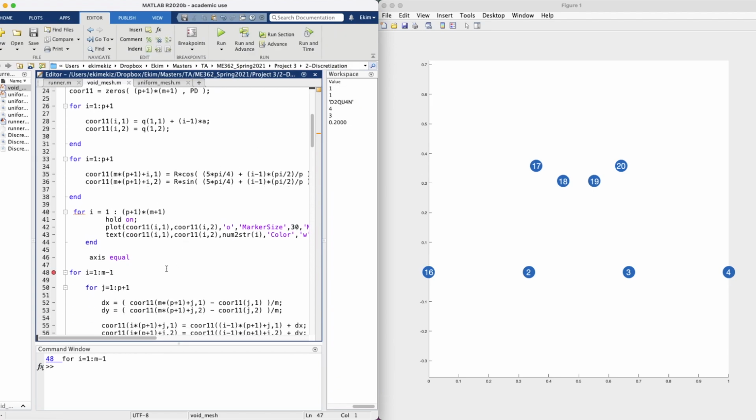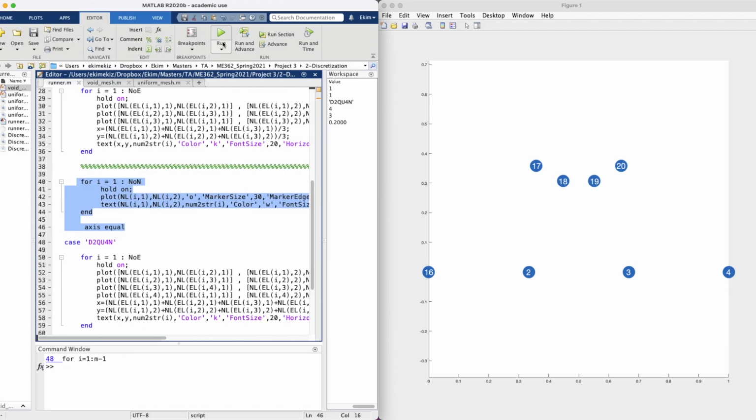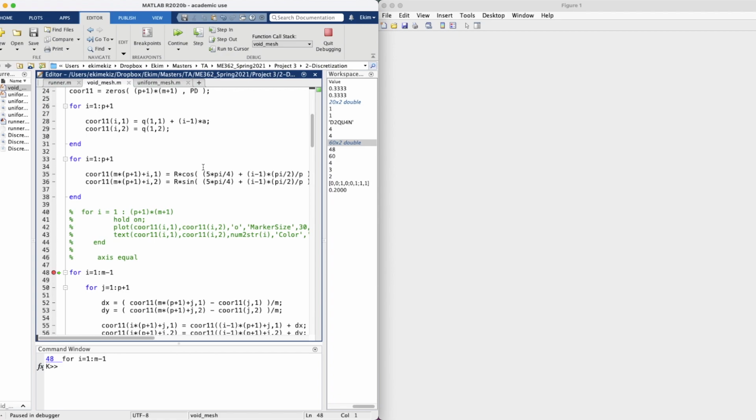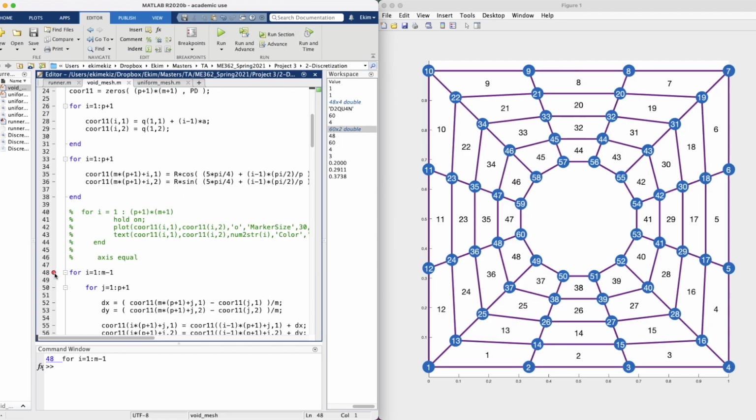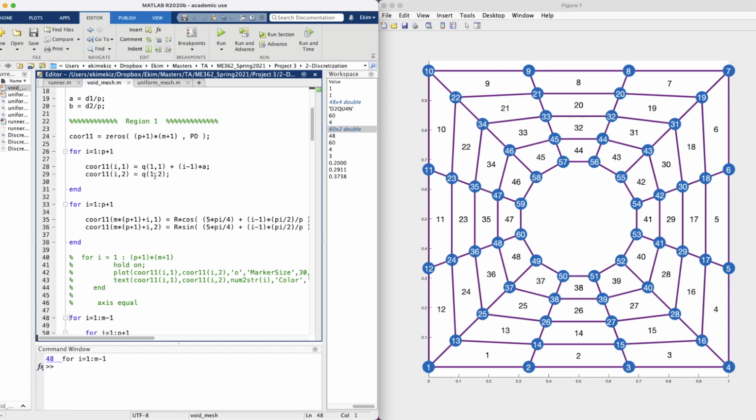So comment these and this again. Okay, so we're trying to generate nodes of this region, and first we will generate these 4 nodes. So we have a for loop over I equals 1 to P plus 1.